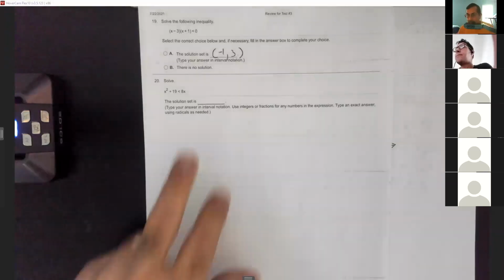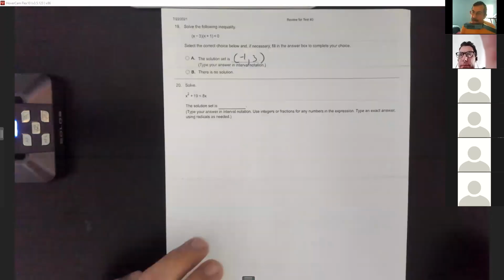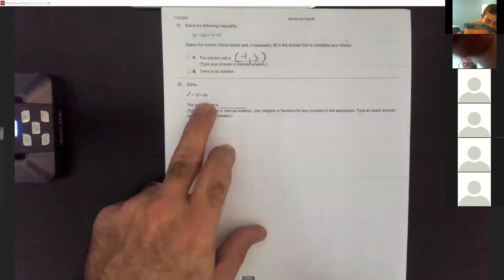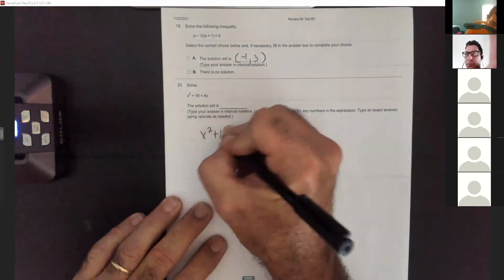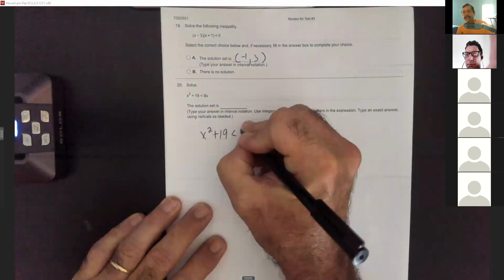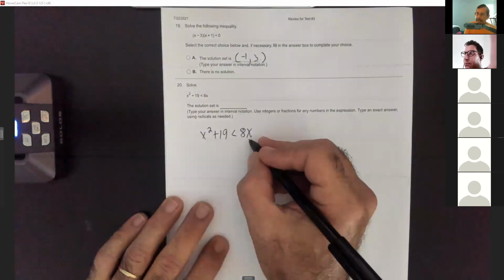All right, same thing on number 20, except on 20, I didn't give you the factored form of this. So this one, we got to factor by ourselves. So we got x² plus 19 is less than 8x. To solve this, we need a 0 on the right side.